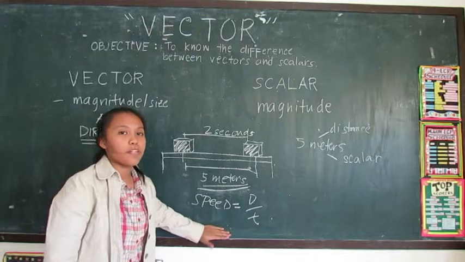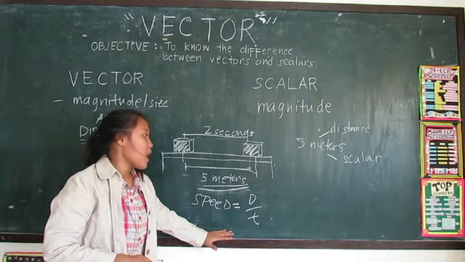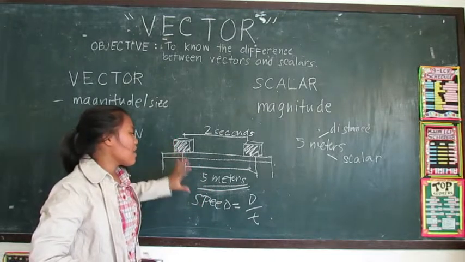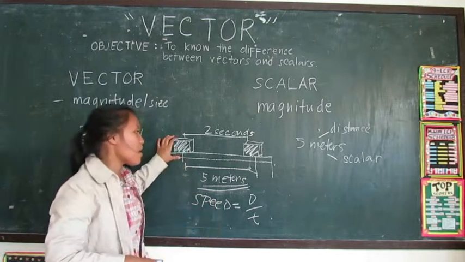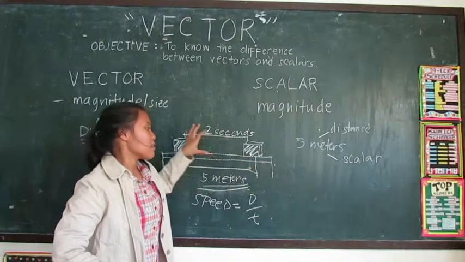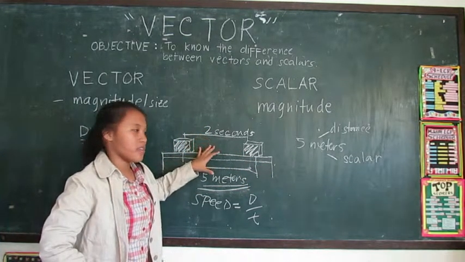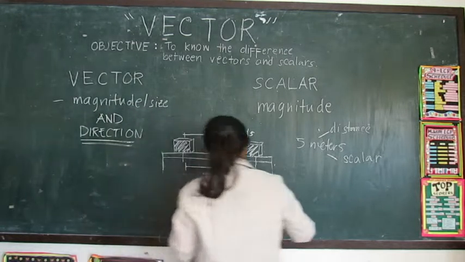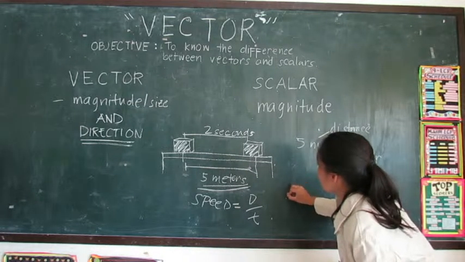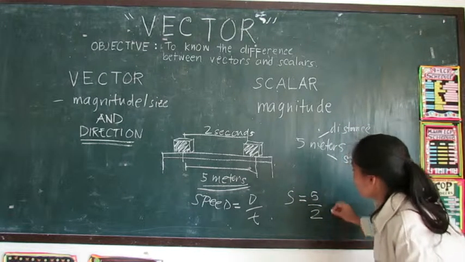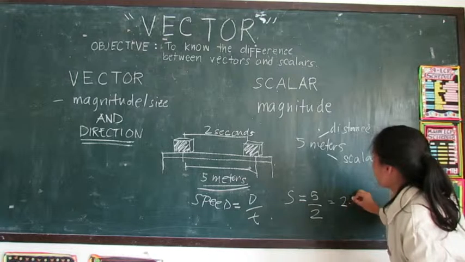This formula will answer our question: how fast does the box travel from here to there in a span of 2 seconds and with a distance of 5 meters? Speed is 5 divided by 2, which equals 2.5.